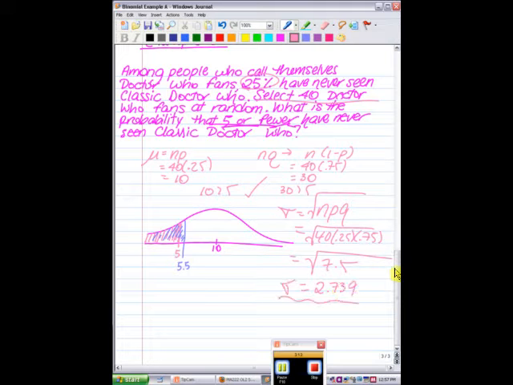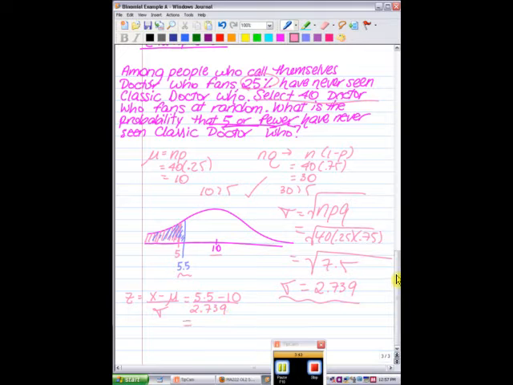Next thing we're going to do is find the z value. We use our formula, x minus mu over standard deviation. Our x is 5.5. Our mu is 10. And we just found the standard deviation to be 2.739.